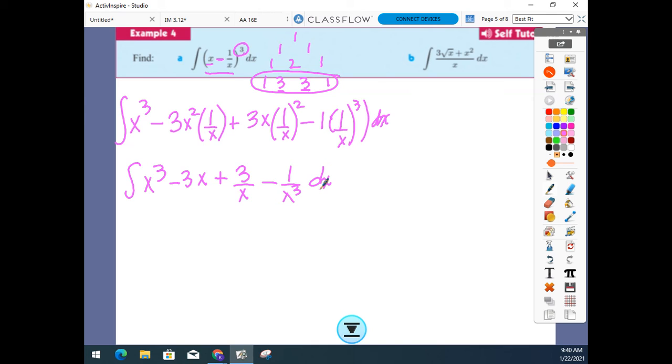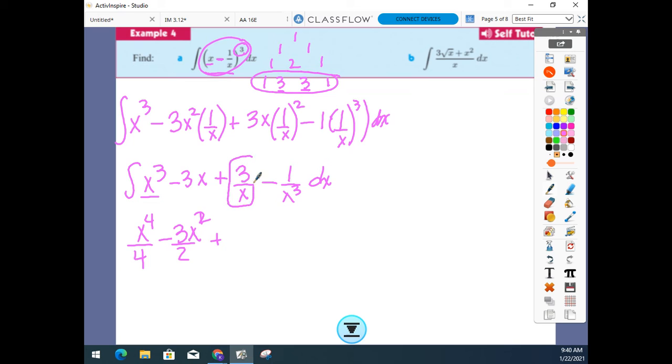So the hardest part, in my opinion, in this problem is expanding the original problem. So now we're ready to do the antiderivative. Power rule, add 1 and divide. Add 1 and divide.